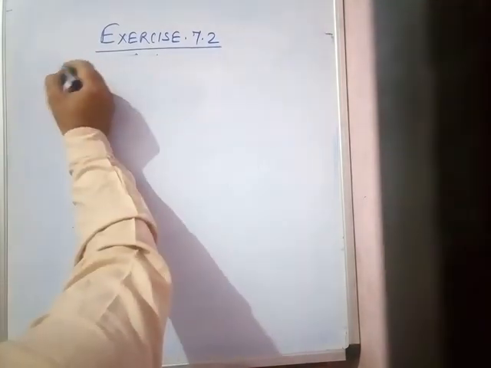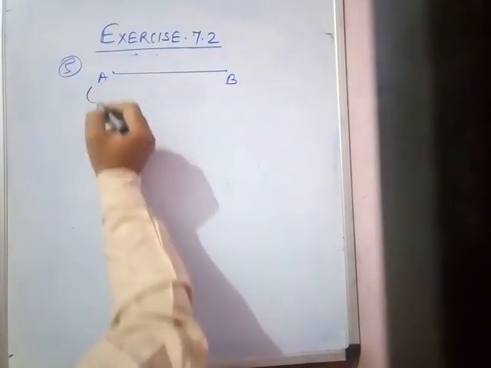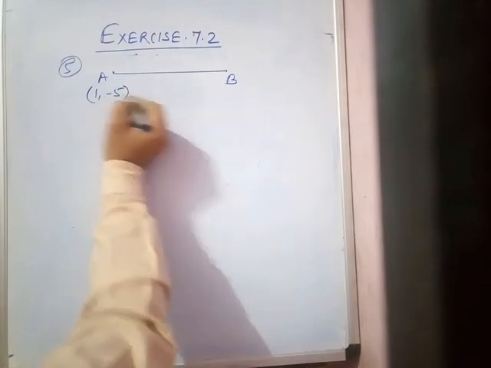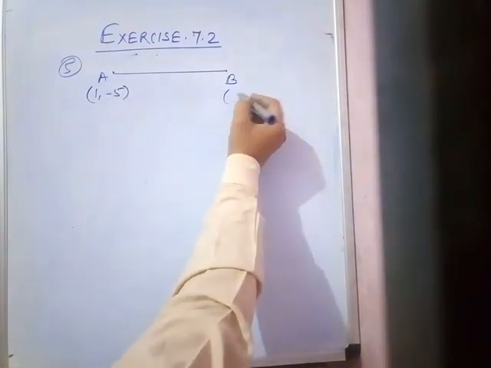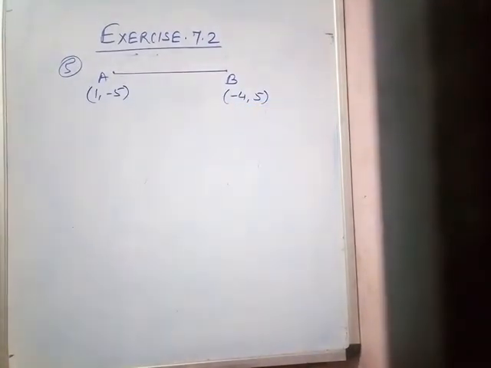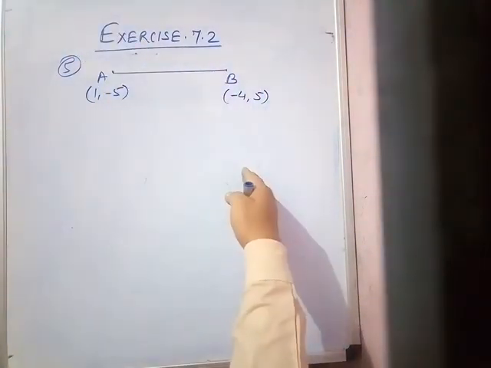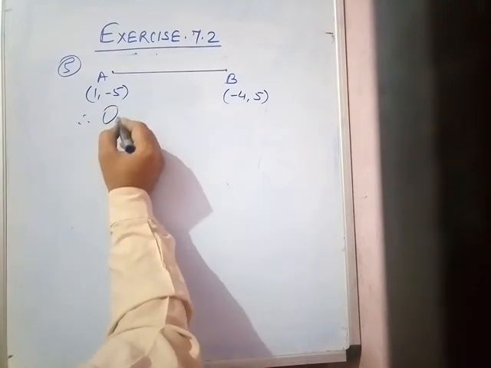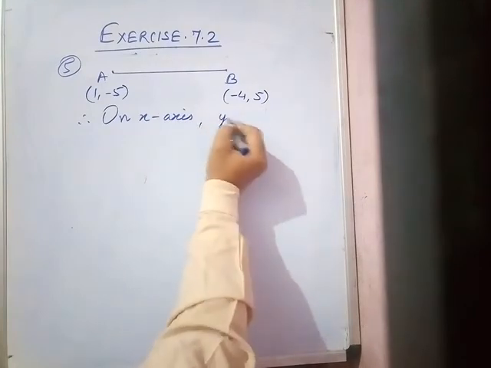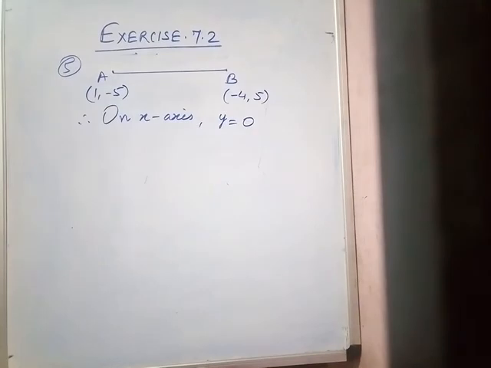So here point A and here point B, and the coordinates of A are 1, minus 5 and the coordinates of B are minus 4, 5, and this line segment is divided by the x-axis. So on the x-axis, we know that y is 0 always.